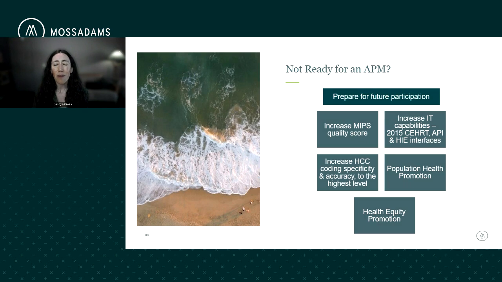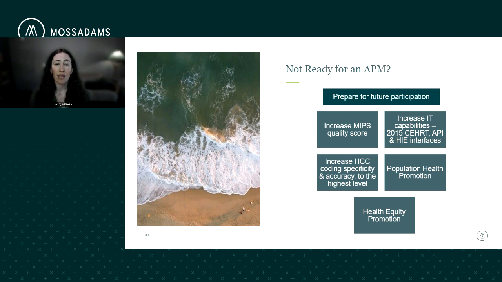So maybe you heard this presentation today and you're thinking, well, that's all nice, Georgia, but I'm just not ready to do this, and we're not ready for alternative payment models at our facility. Totally understand. You don't necessarily have to jump into one of these total cost of care or capitation kind of models. You can be doing things that help prepare your organization for future success.